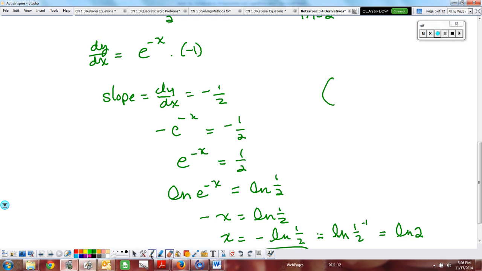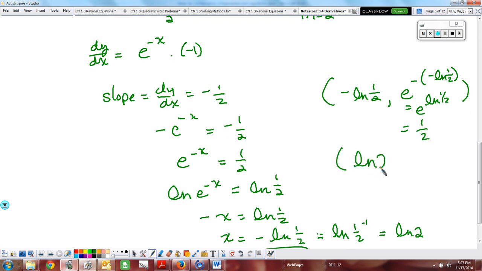So I would write my point as negative natural log of 1/2, and then e to the negative natural log of 1/2 ends up being e to the natural log of 1/2, or 1/2. So my final answer in its nicest form would be natural log of 2 and 1/2 for the point.